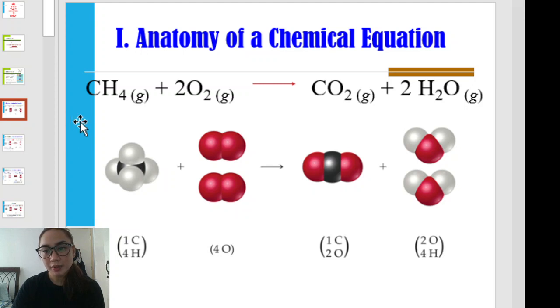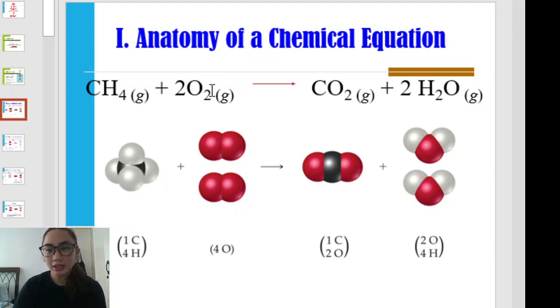So for example here, we have 1 CH4, no? It is only one, the 1 is invisible. So it is only one. However, its composition: we have one carbon, so there is a subscript 1 here, the black color. And we have 4 atoms of hydrogen, so you can see here, that is why it became CH4. 4 atoms of hydrogen around the carbon.